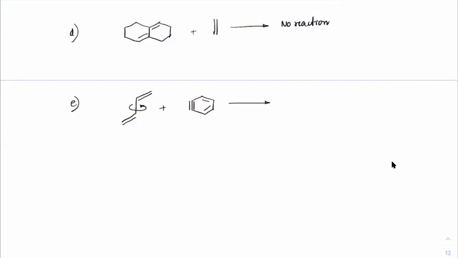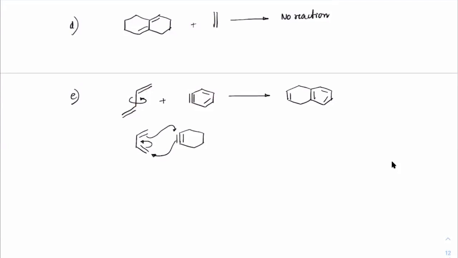And in the cisoid form, now you can imagine it has turned into this form, and attack would happen in such a way that this pi would attack here, this pi would migrate here, and the pi would attack here. So the product that would form here would be a double bond at this extreme and double bond this way, which is a benzene form.